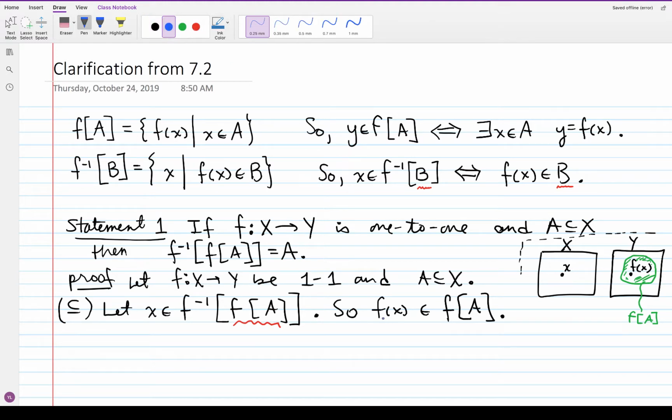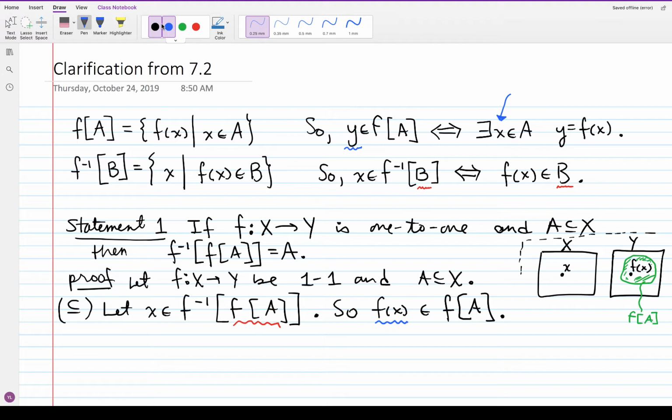Okay, so I have an element in f of A. What does that mean? Well, if you're an element of f of A, then this happens to be true over here: there exists some x in A such that y equals f of x. Now I've got to be careful because this existence here is dependent on the y, of course, and I've already used the variable x in my proof so far. So I can't reuse that variable when I invoke this existence.